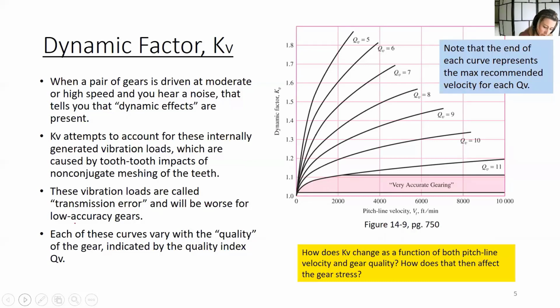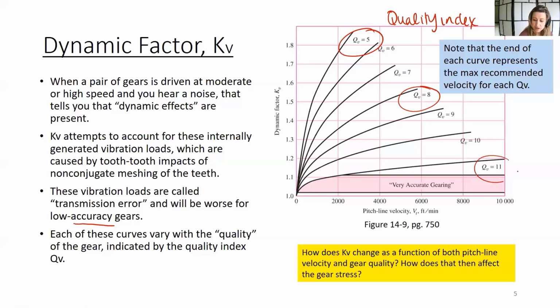So how we talk about accuracy in gears is by this Qv, the quality index. This is basically how manufacturers communicate the precision of the gear. Are the gear teeth super well aligned? Are they a little bit imprecise? Usually we're using a quality index of 8 for most commercial gearing applications.